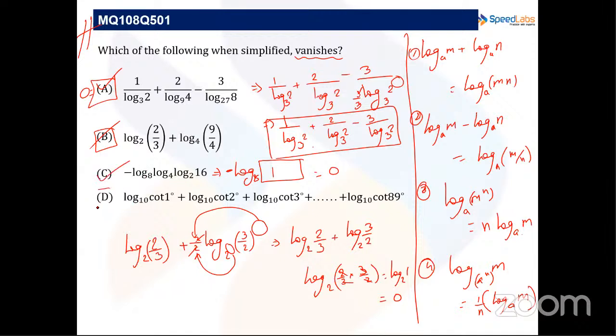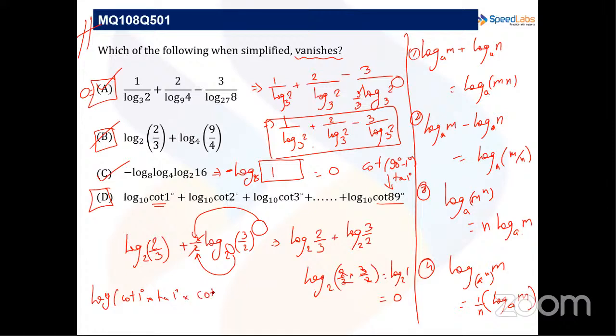Now checking for the D option, we are having log of cot 1 degree, cot 2 degree, cot 3 degree and so on up to cot 89 degree. So if we use the property of log, then cot 1 degree and cot 89 degree, cot 89 can be written as cot of 90 degree minus 1 degree, so that will be tan 1 degree.